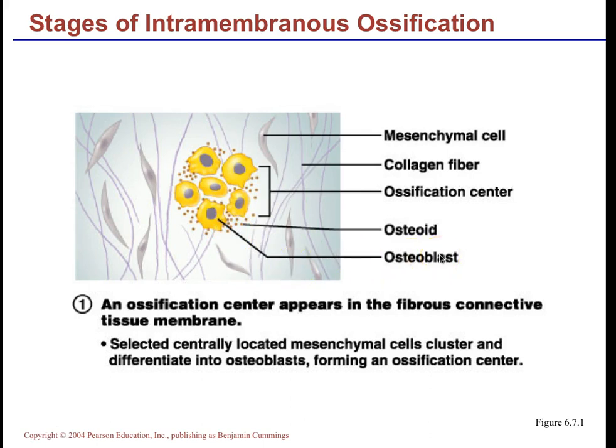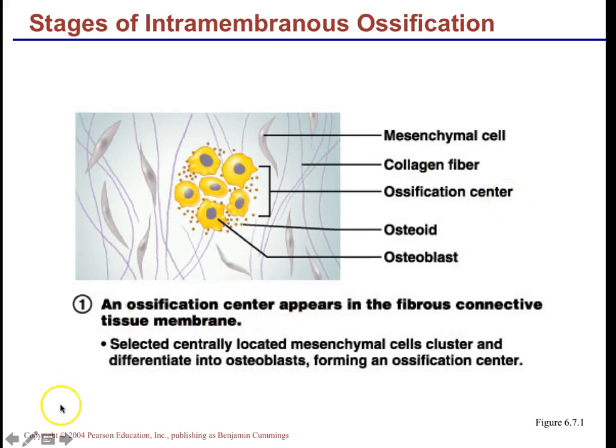So it's like presto, mesenchymal cells become osteoblasts. Yay! And the osteoblasts are going to start to make bone. The maturation of the osteoblasts into osteocytes is going to occur in the wink of an eye. And this area where you have the bone-making cells is called the ossification center.